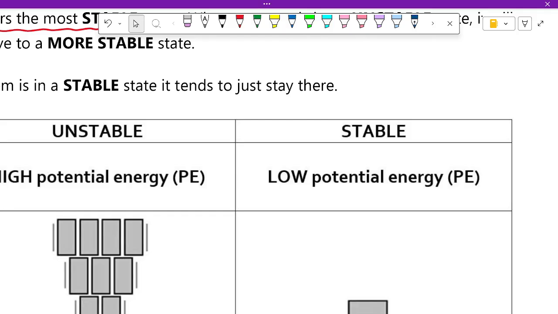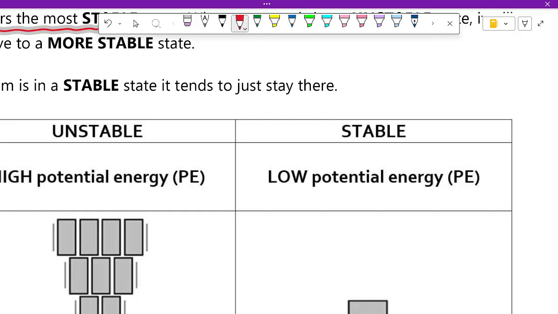Once it's here though, it still has some potential energy because I could make it move again by making it go to the floor. But every time it gets lower and lower, it has less and less potential energy until you got to, say, the center of the Earth, at which point it would have 0 potential energy, because there would be nowhere for it to fall.